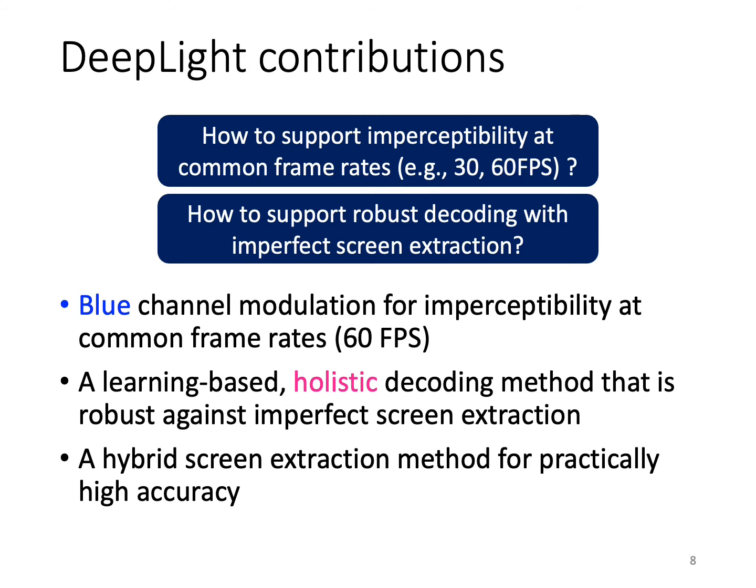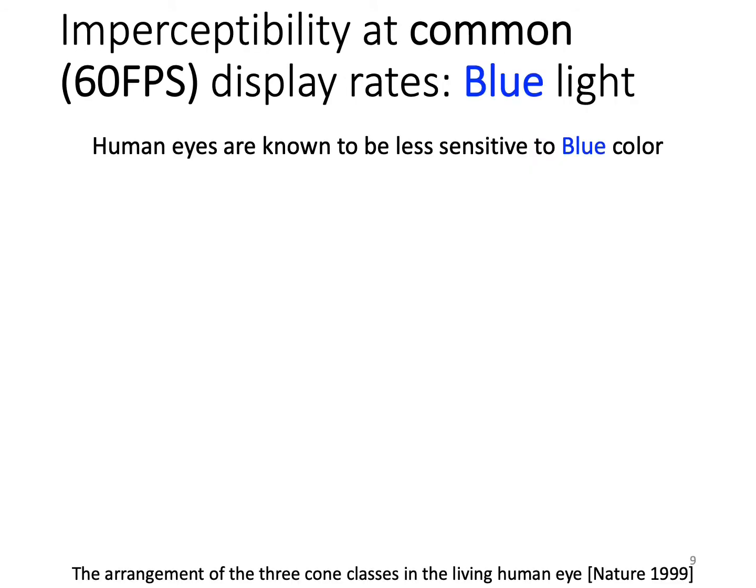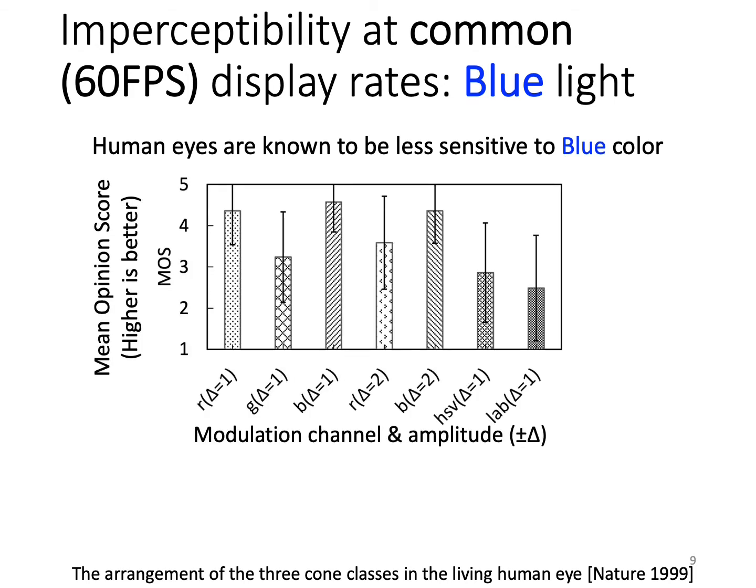First, how DeepLight achieves imperceptibility at common frame rate. Human eyes are known to be less sensitive to blue light. So we conducted an experiment to validate this effect and to see if it is better to use the blue channel for modulation. We asked 11 participants to watch and rate video quality modulated on different channels.